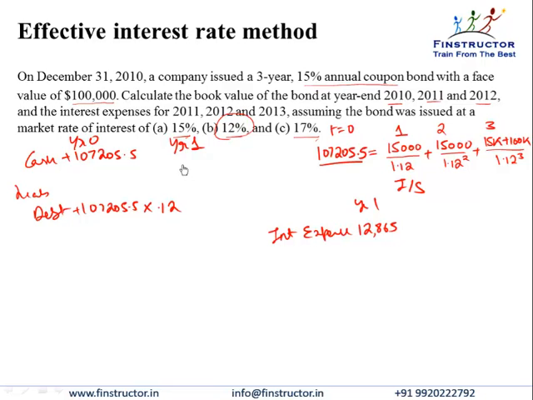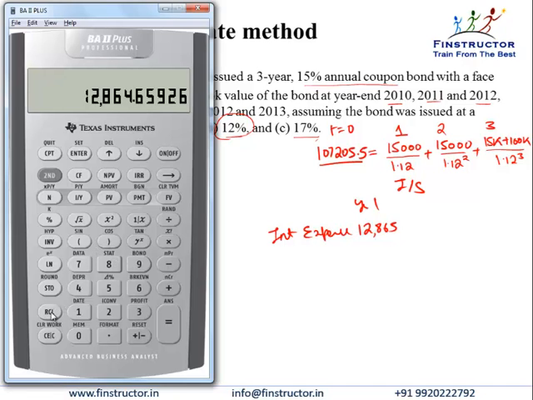So the bond liability at the end of the year would be the original liability plus 12,865 that has additionally accrued minus $15,000 that we have paid out. Or the liability at the end of the year can be calculated as the beginning liability plus the interest expense this period minus what we paid down, that is $15,000, as $105,070. Store this in the memory register 2.